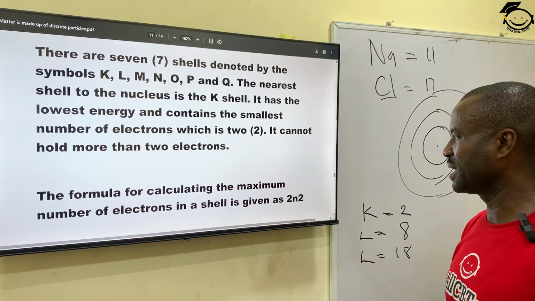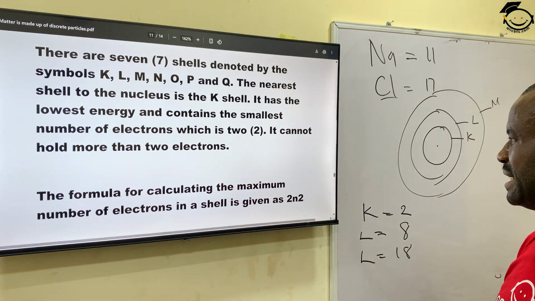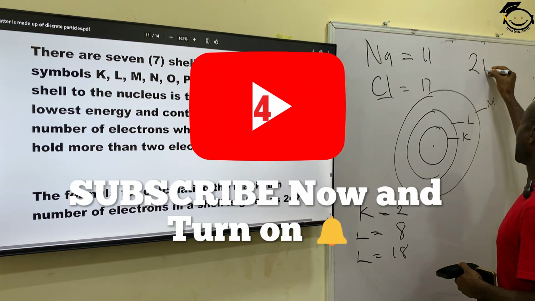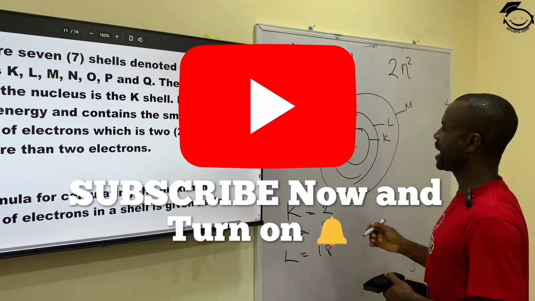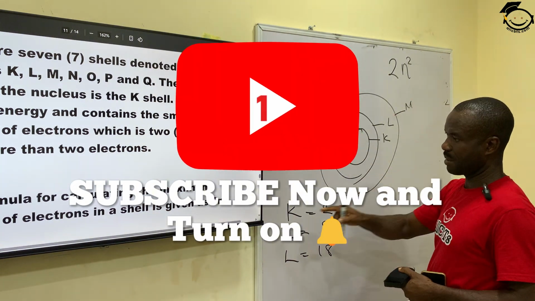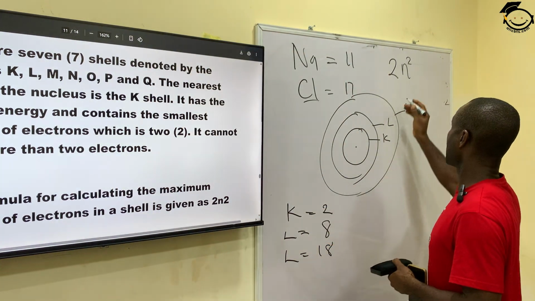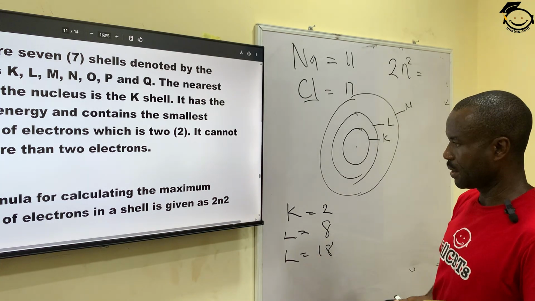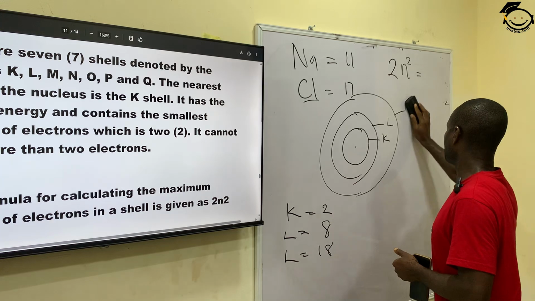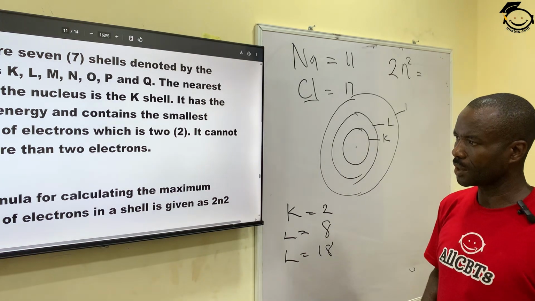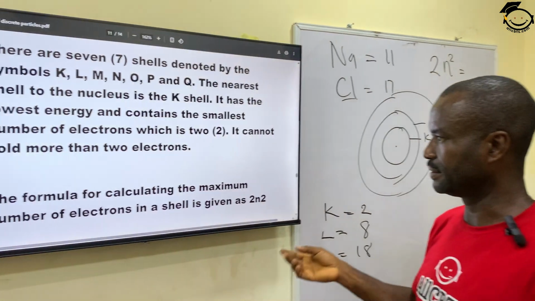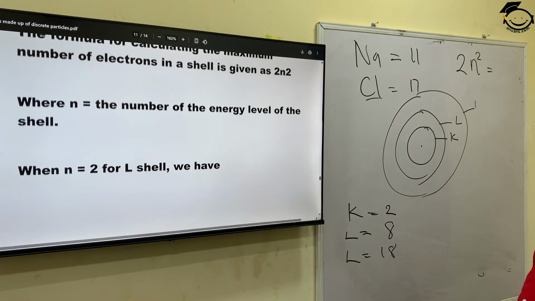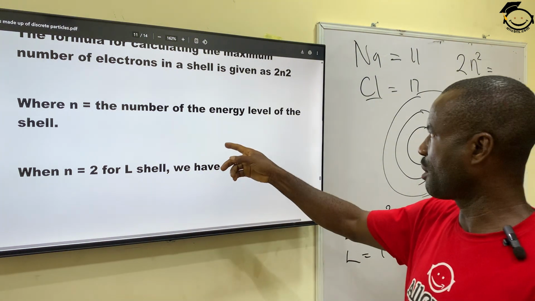The formula for calculating the maximum number of electrons in a shell is given as 2n², that is 2n power 2, where n is a whole number which determines the number of the shell, the energy level.